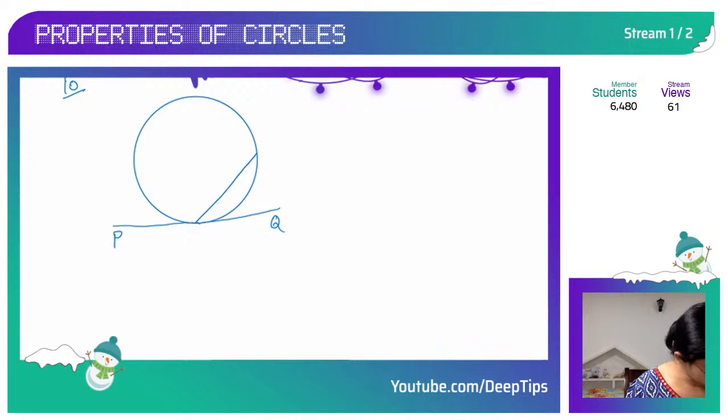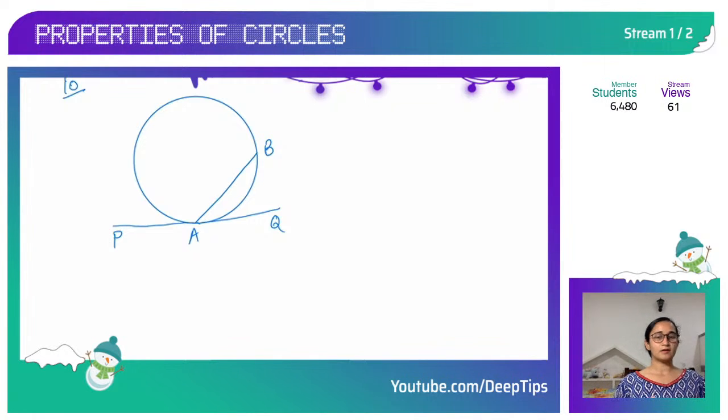Here I have a chord AB. So this theorem says the angle between a tangent and a chord through the point of contact. So here I have a tangent PQ, and I have a chord AB. Fine. So they both have a contact point, point A, correct?